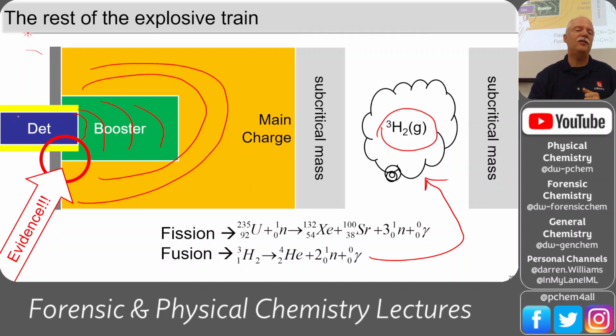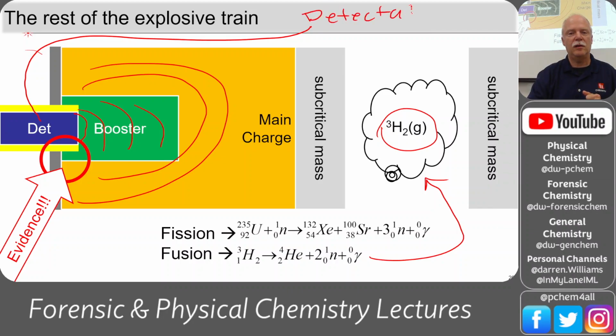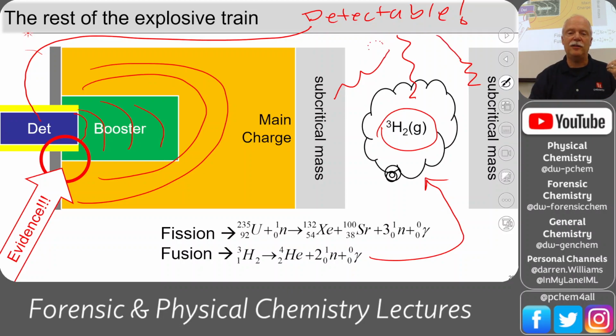Okay. Now, for you as a forensic scientist, where's the evidence? The most volatile explosives are in the detonators. So I'll put up here: detectable. Okay. The radiation from the nuclear devices is detectable too. So tritium is a radioactive gas with a 12-year half-life. Uranium's not that radioactive, actually.